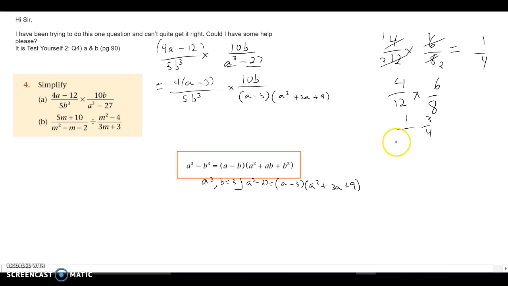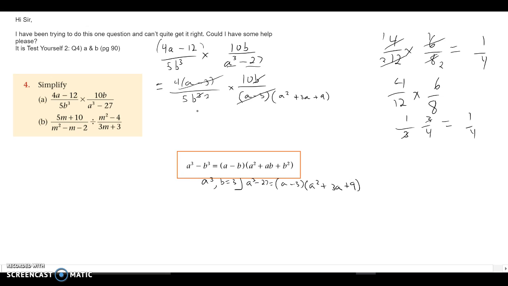Then the 3's would cancel out, and you'd end up with 1/4. It's effectively what you're doing over here. And so here we can see that this a minus 3 can cancel out with that a minus 3. One of that b can cancel out one of those and make that into a square.